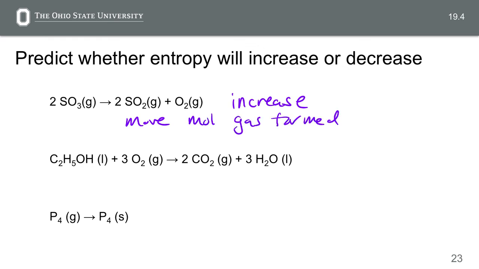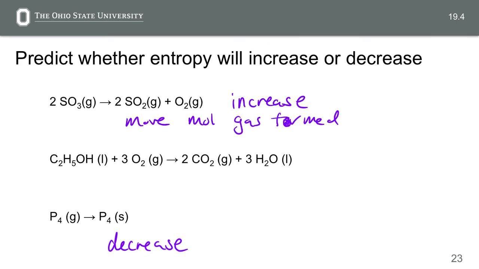Let's go down to the third one. P4 in the gas phase going to P4 in the solid phase. Decrease, yep. Going from a gas which has lots of entropy to a solid that has very little, relatively.